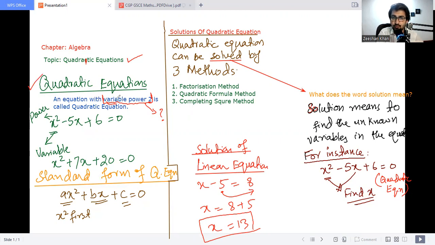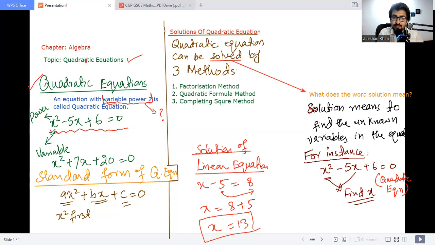An equation with variable power 2 is called a quadratic equation. So now, what is a variable and what is a power? I have explained this in the previous lessons as well. Here we will define it once more. You can see an equation. This is a sample quadratic equation.